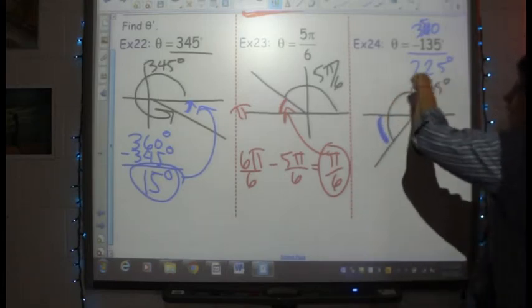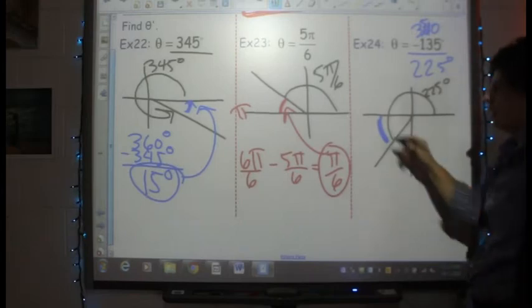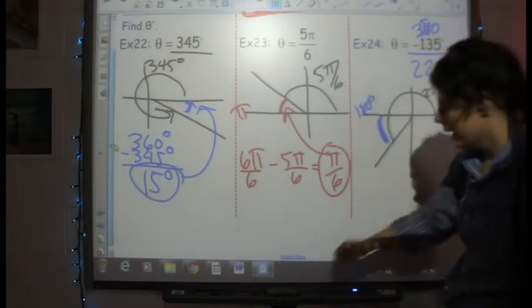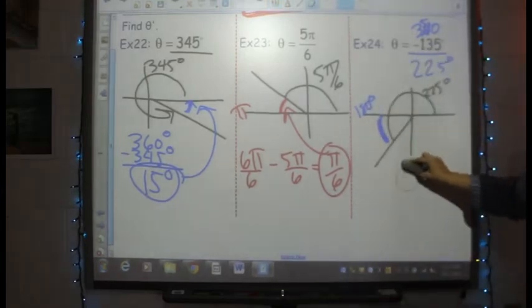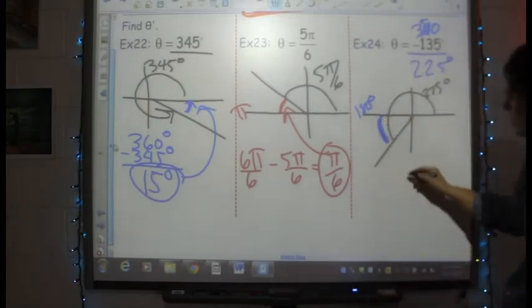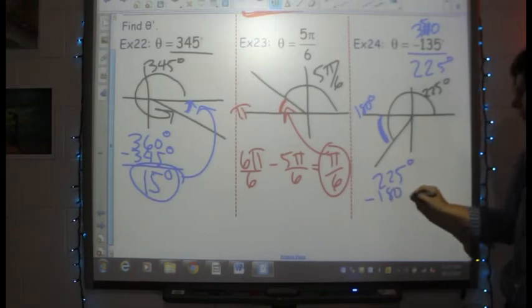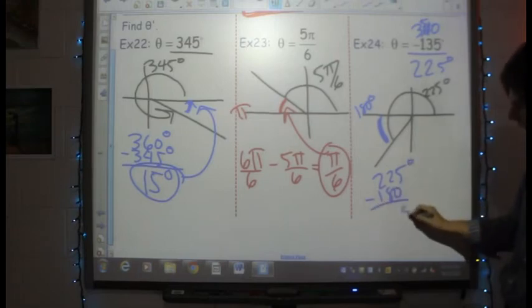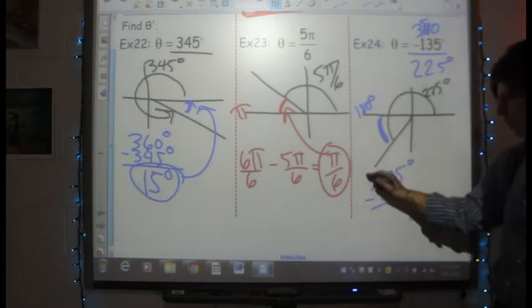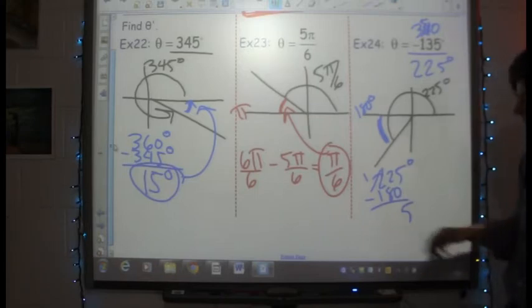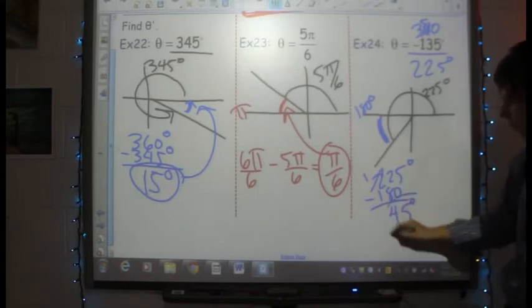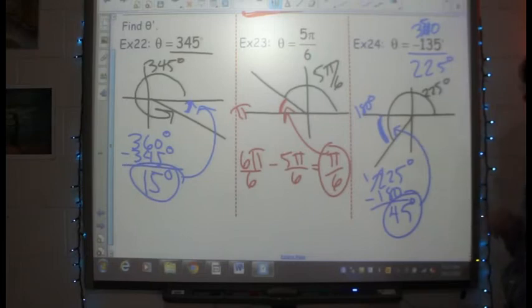And if this whole thing is 225, and I know this line is 180, then all I have to do is subtract, and I can say 225 minus 180 degrees. Well, 5 minus 0 is 5. I can't do the 2 there, so I borrow. 12 minus 8 is 4, so I wind up with 45 degrees. So my reference angle is 45 degrees.